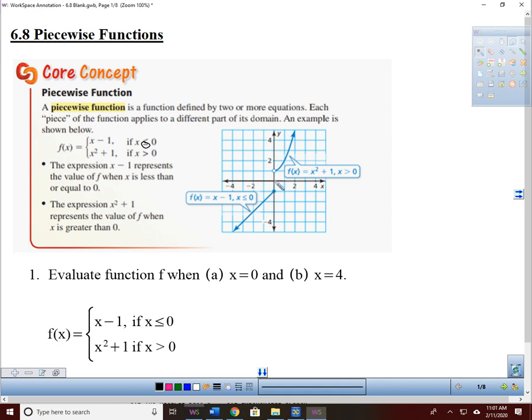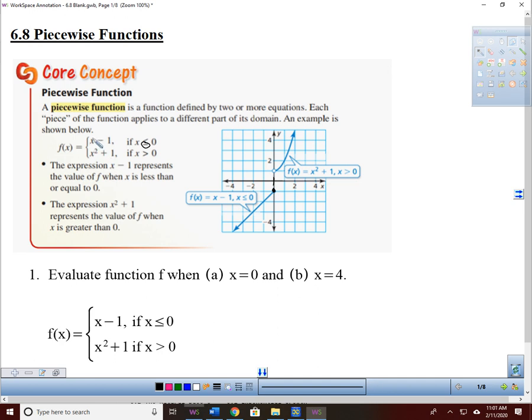In other words, when I plug in 0, 0 minus 1 is negative 1, and I have a dot there. And it's closed in because of this equal to bar. All right, so then when I plug in negative 1, negative 1 minus 1 is negative 2. So negative 1, negative 2. So I've created dots. This is going to continue for every value where x is less than or equal to 0. Okay? Then I have this piece of my function, which is x squared plus 1.